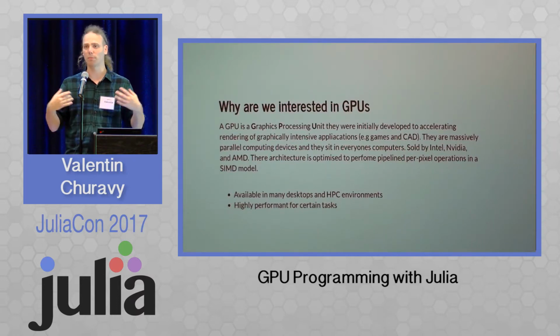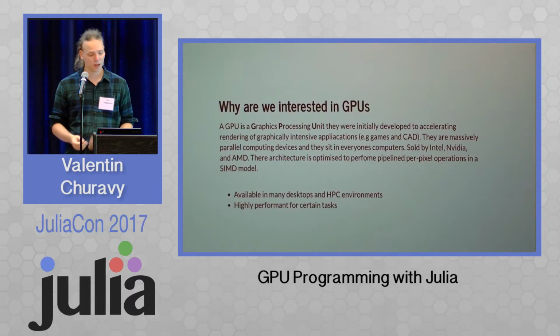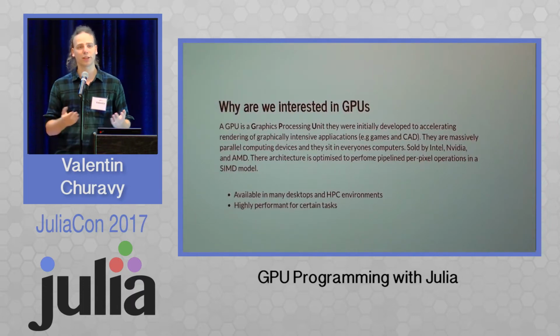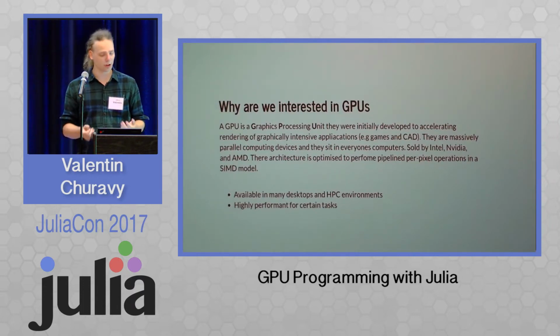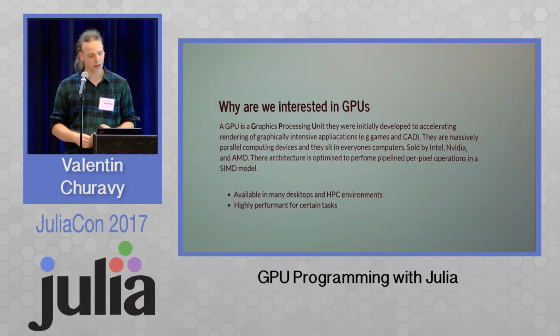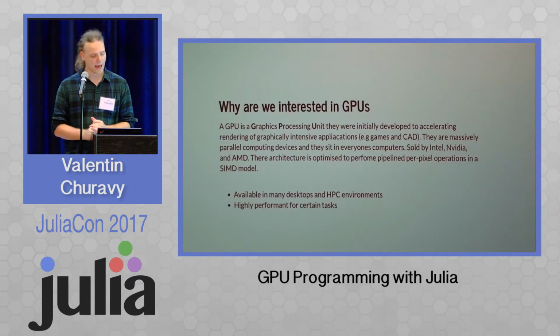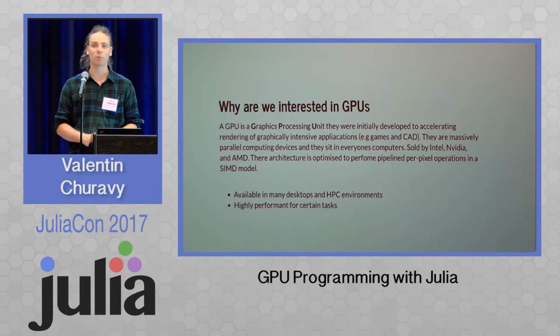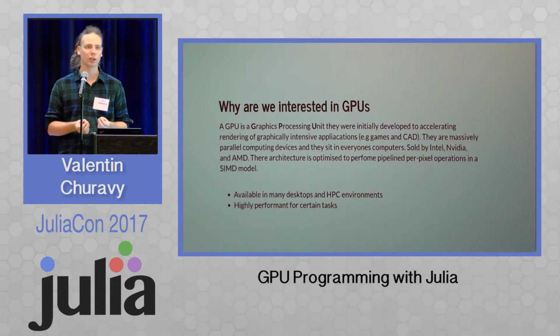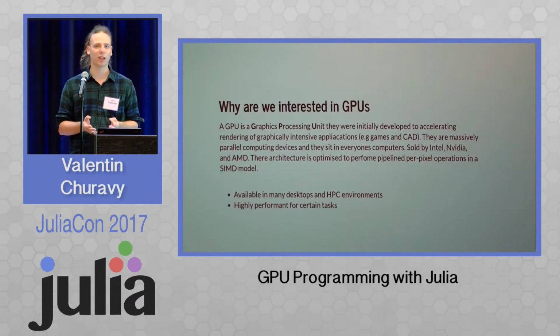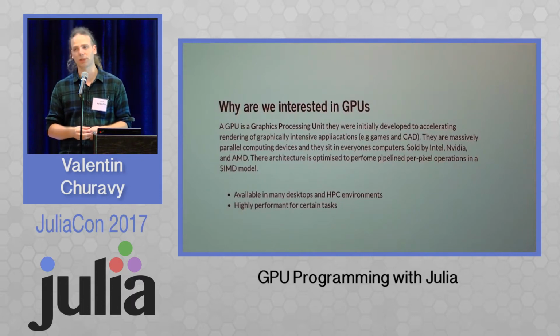So you have to do that in parallel. And so GPUs are single instruction, multiple data machines, SIMD machines. And as I said, they're highly performant for certain tasks like rendering, like numerical simulations where you have the same constraints, and they are available in many desktops and nowadays HPC platforms because they provide such a big performance advantage over traditional CPUs.